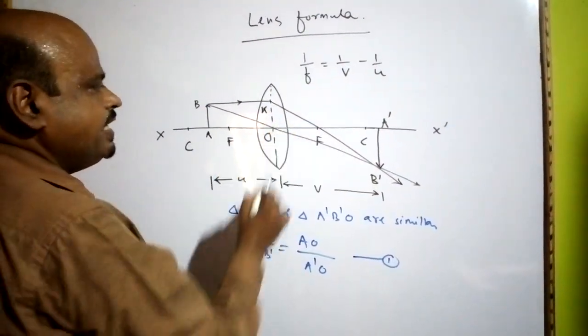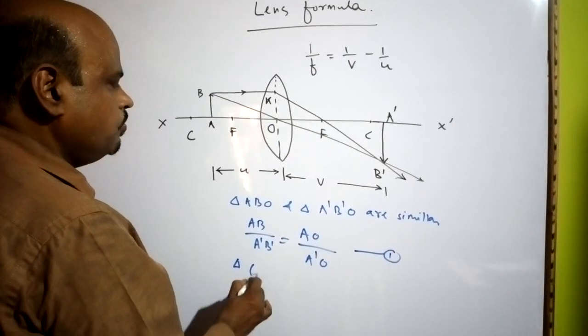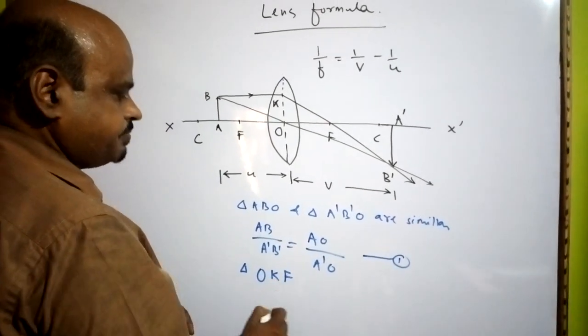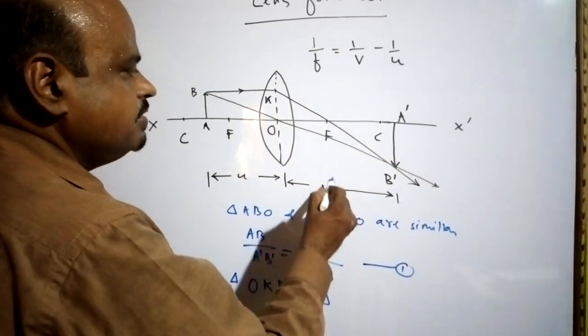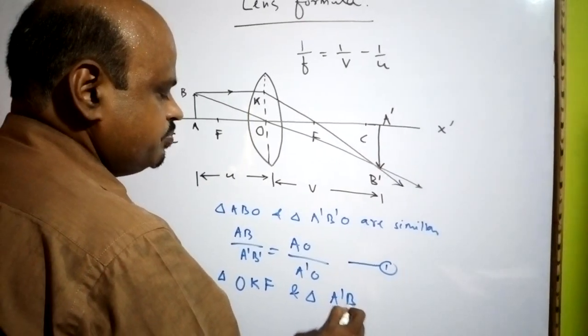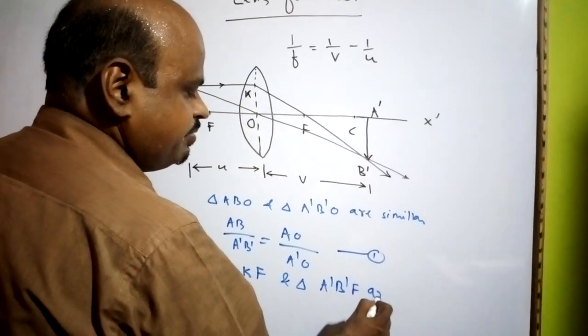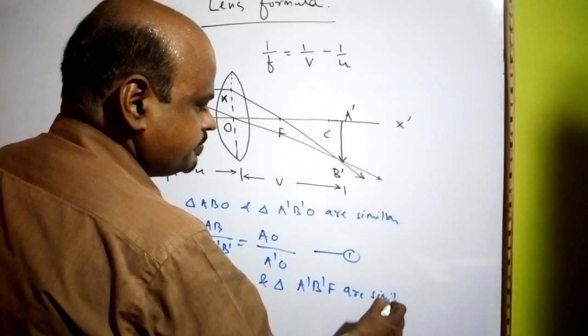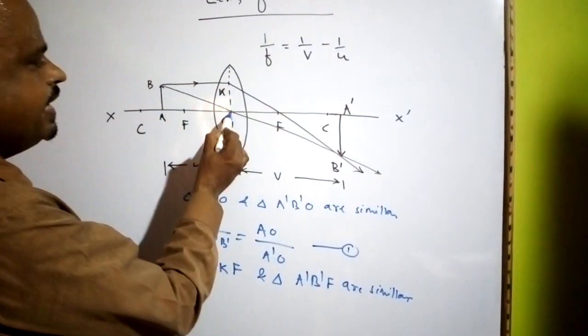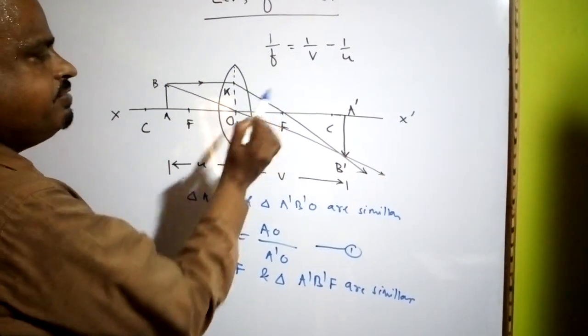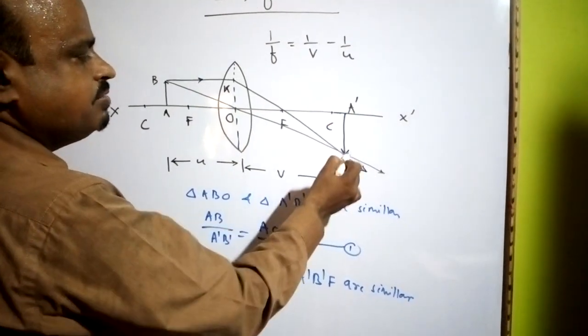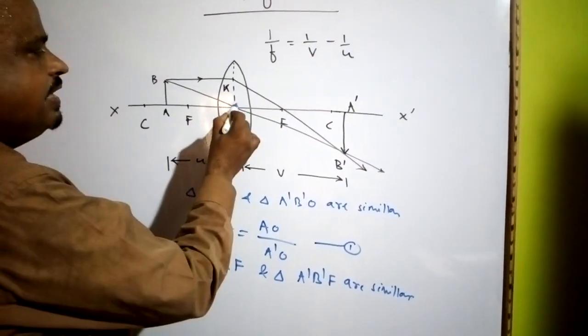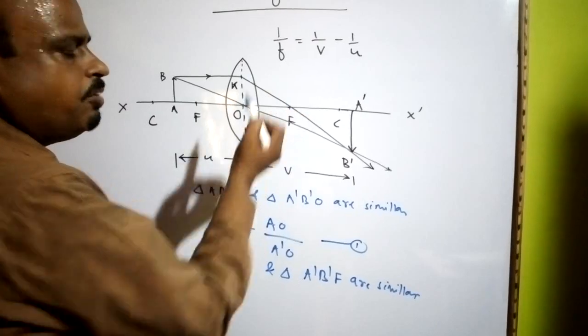Again look here. OKF is a right angle triangle. Triangle OKF and triangle A'B'F are similar. 90 degrees, opposite angles equal.